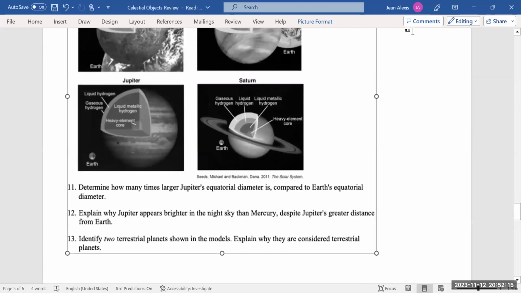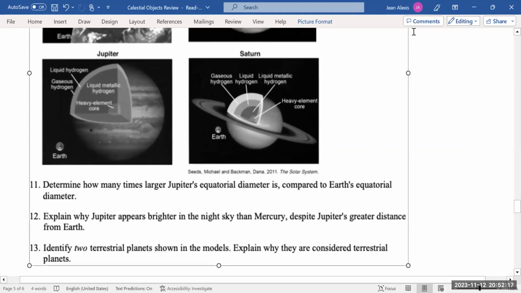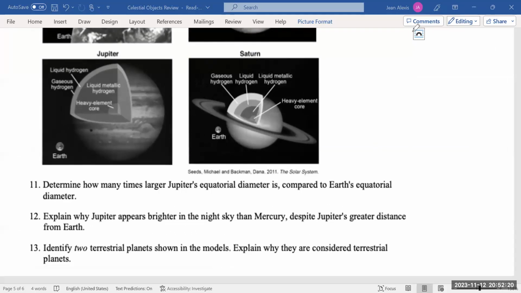All right. So number 11, just looking at number 11. It says, determine how many times larger Jupiter's equatorial diameter is compared to the Earth's equatorial diameter. All right. So there's one page on the reference tables that has a whole bunch of facts about our planets and can possibly even include information about Jupiter's equatorial diameter and Earth's equatorial diameter.